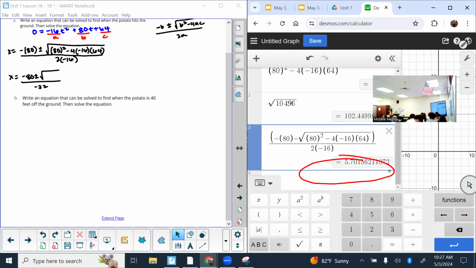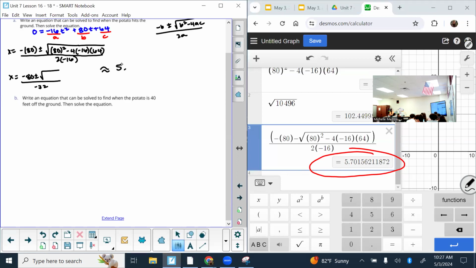About 5.7 seconds after it was launched, it hit the ground. That'd probably be a typical time for the potato situation. So the final answer ends up being about 5.7 seconds. That's what we think it means, approximately.